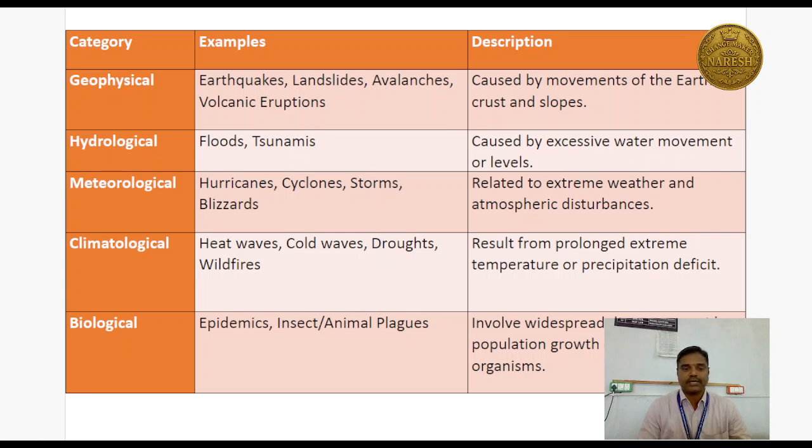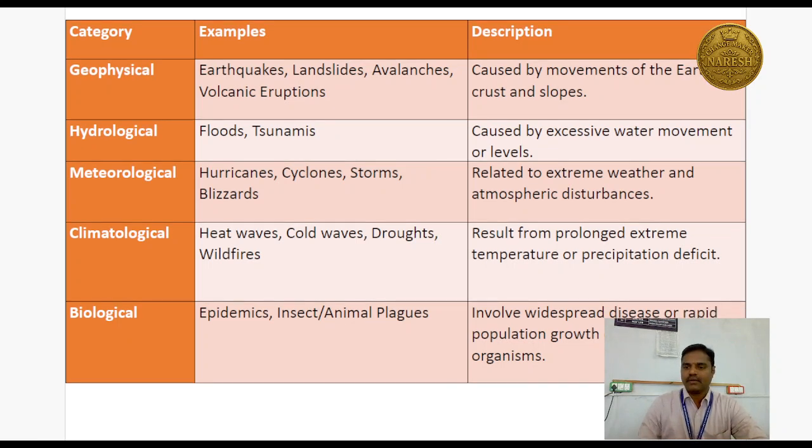And biological disasters come as epidemics, or insect or animal plagues, which have been seen in past years also. It involves widespread diseases or rapid population growth of harmful organisms. We have seen Corona given as a best example for biological disasters.